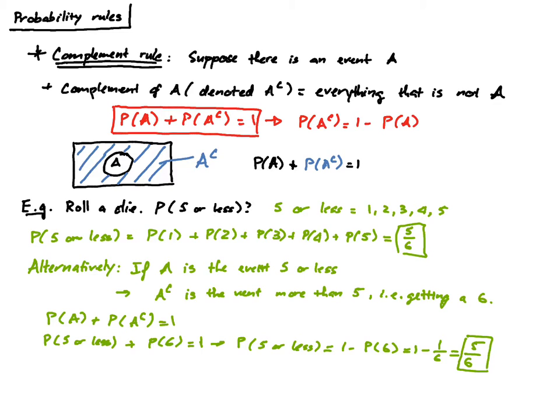That tells us that the probability of the complement of A is 1 minus the probability of A, or equivalently, the probability of A is 1 minus the probability of the complement of A. And we looked at an example where we showed that this formula works.